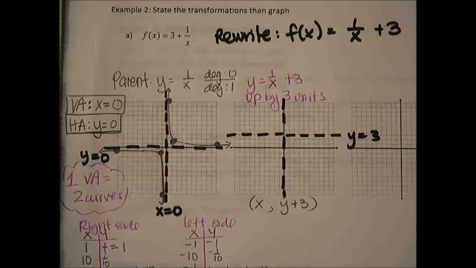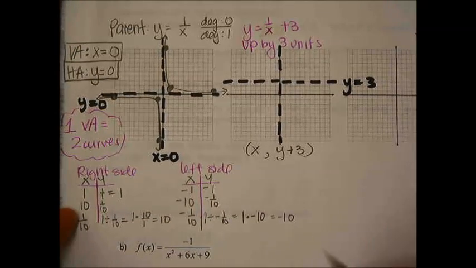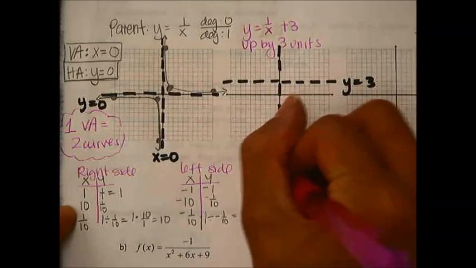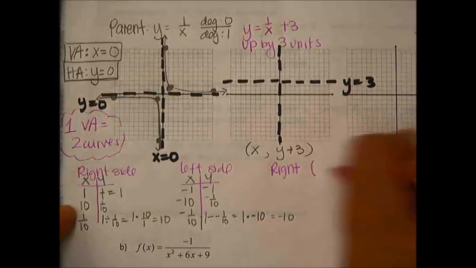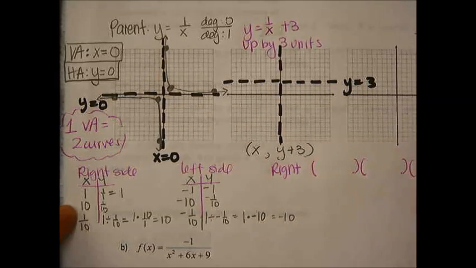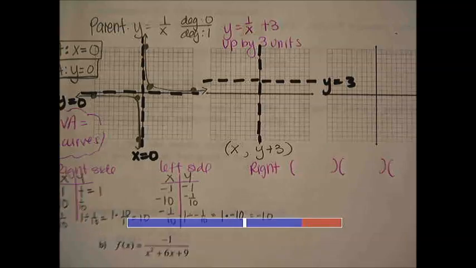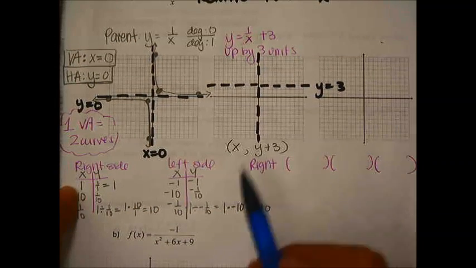So, left side and right side. Let's look at these. I have my right side, and I'm just going to write the ordered pairs this way. Can you see that? Let's zoom out a little bit. So the right side, remember, the x values do not change.